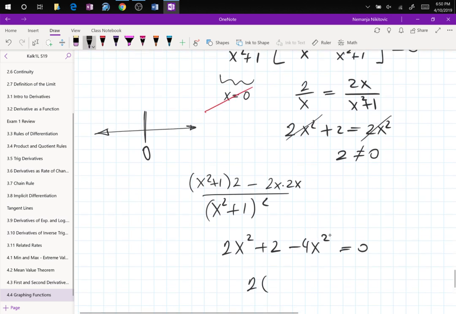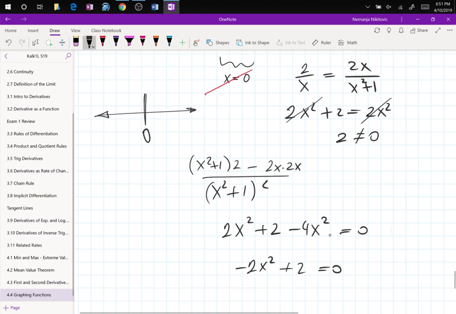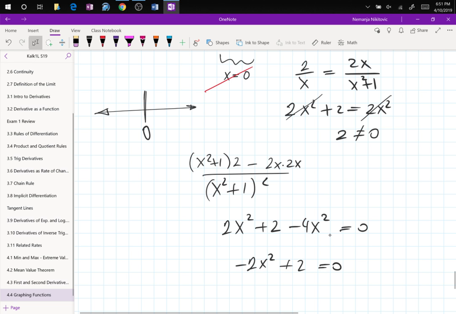That's a 2 times negative 2x squared plus 2. So why is this thing? What did I do wrong? Because I'm getting plus minus 1 now. Right? I did something wrong.